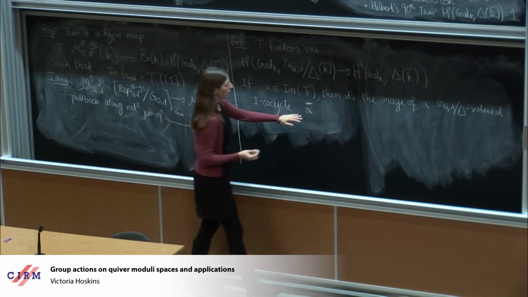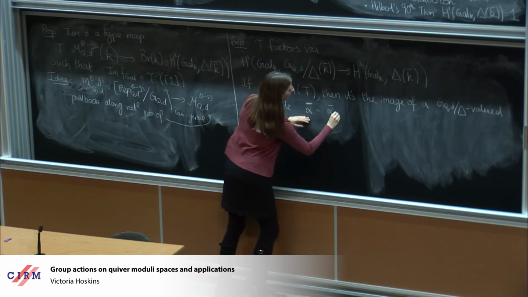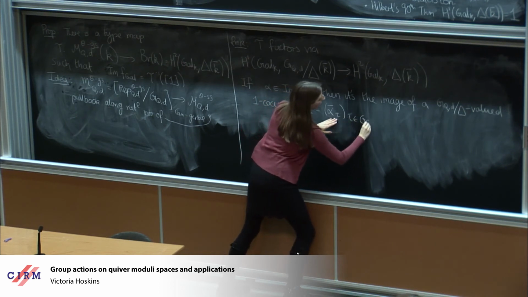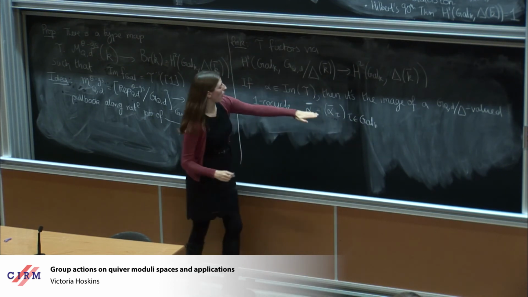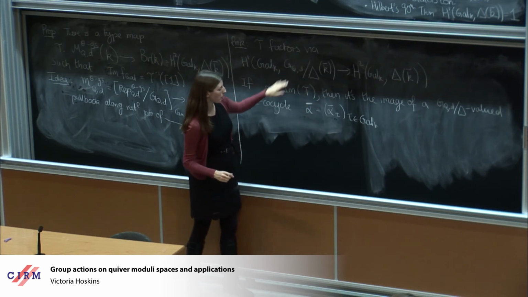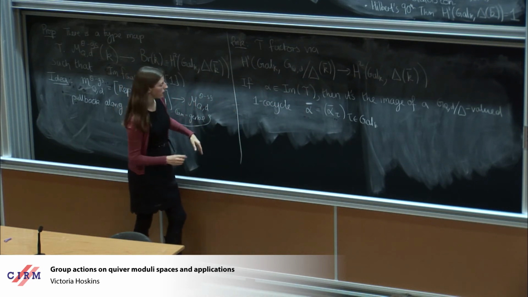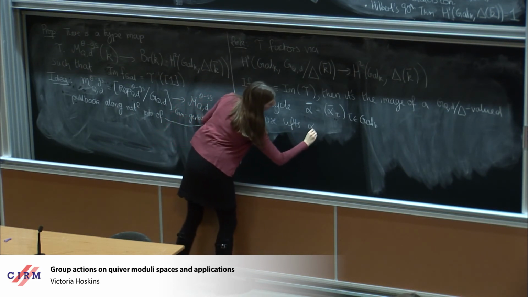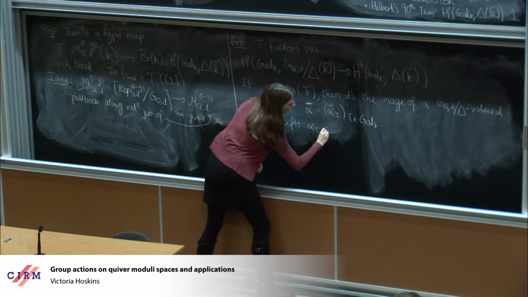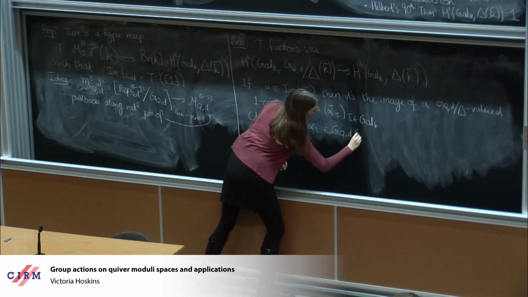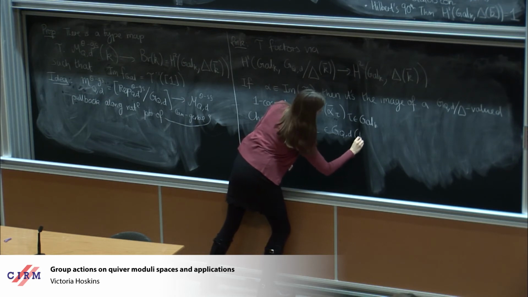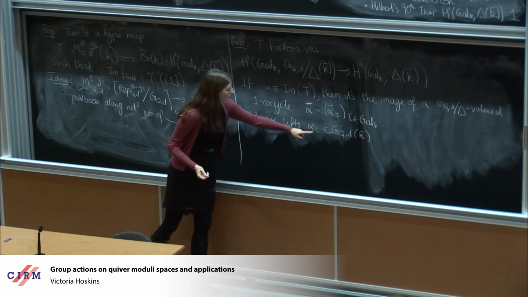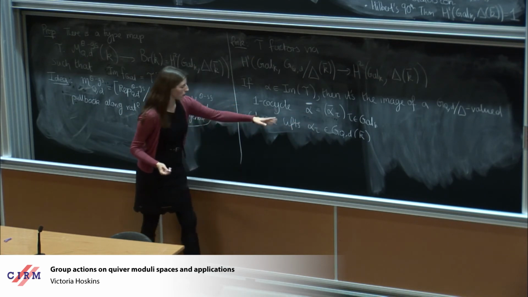And so you can just naively think of this as being a collection of elements alpha bar tau in this group. And then if you choose any lifts of these to G, well, you should make sure that you take for the trivial element, the trivial element.